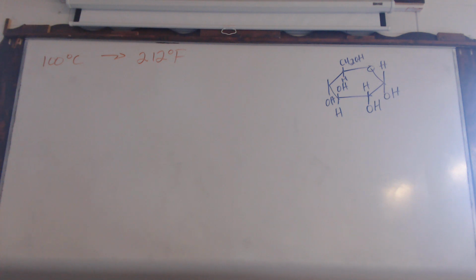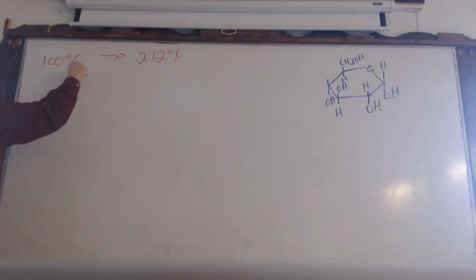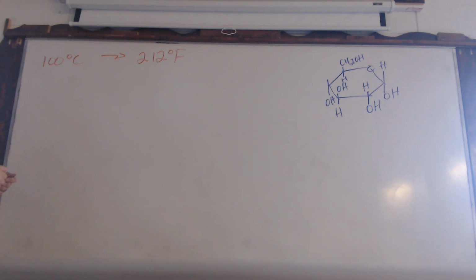And it works in a similar manner going from Fahrenheit back to Celsius. So we're just picking something that we know: usually at standard pressure, once water reaches 100 degrees centigrade, it should be 212 degrees Fahrenheit. Okay, so let's see if we can prove that.